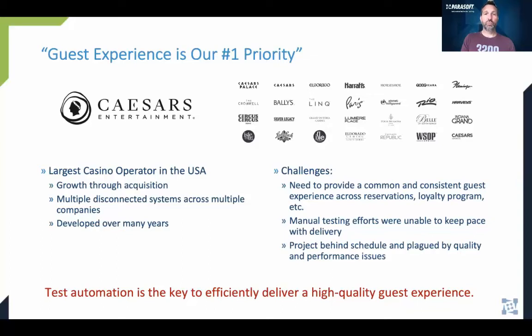And so as you could imagine, multiple disconnected systems across these companies that have been developed over many years creates a whole set of challenges. For instance, if guest experience is number one, they had this goal of a Disney-like experience, right? The need for a common and consistent guest experience across reservations, loyalty program, et cetera. So you could go from one hotel to another, from one casino to another, and do that seamlessly.